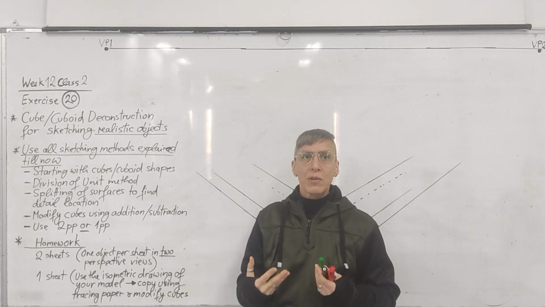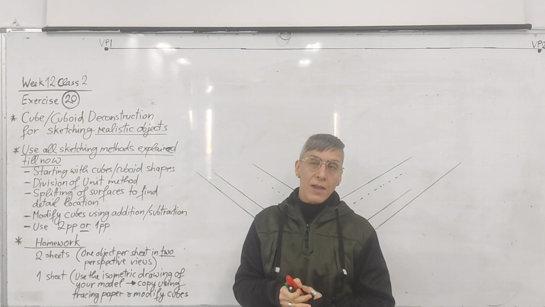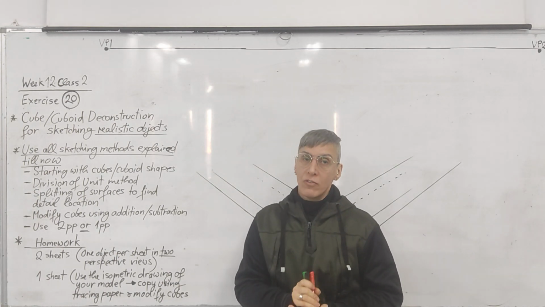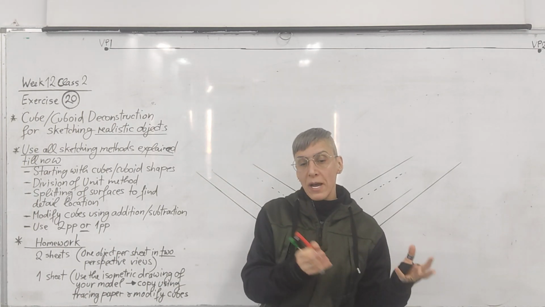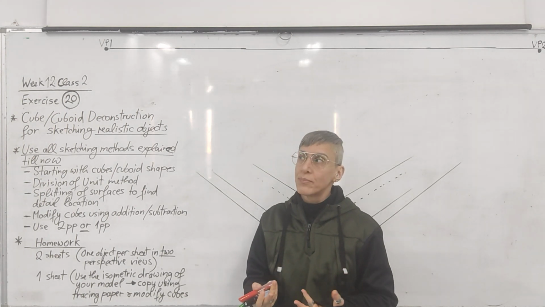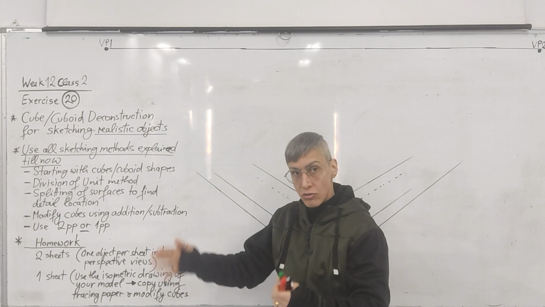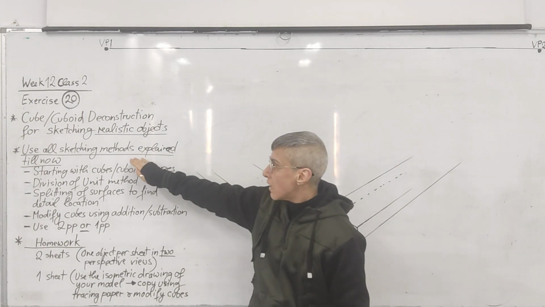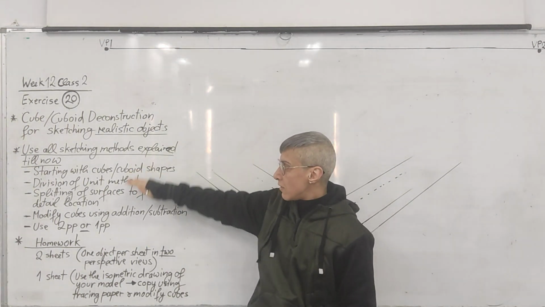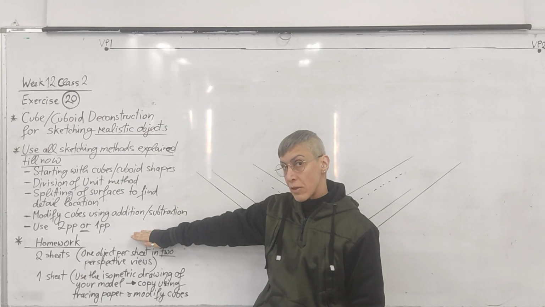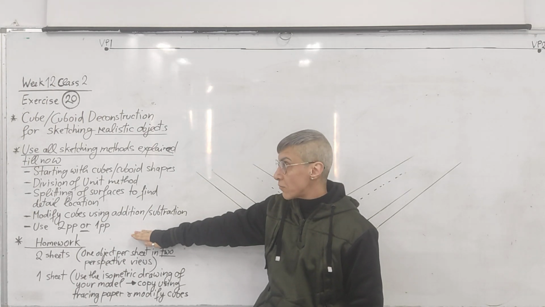So we will draw a little bit more difficult objects, I would say. But they are sketches. So we will go back to the sketching methods, not the accurate drawing method. So here we are sketching, freehand sketching, okay? So we will apply these methods that we already described this semester.